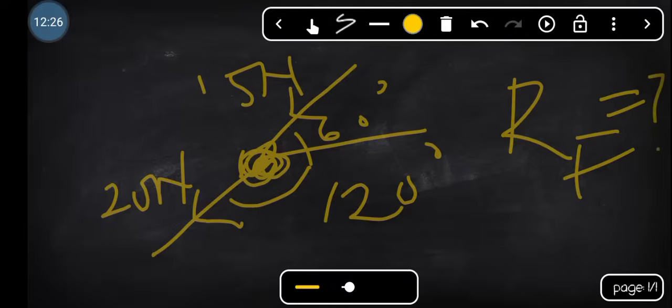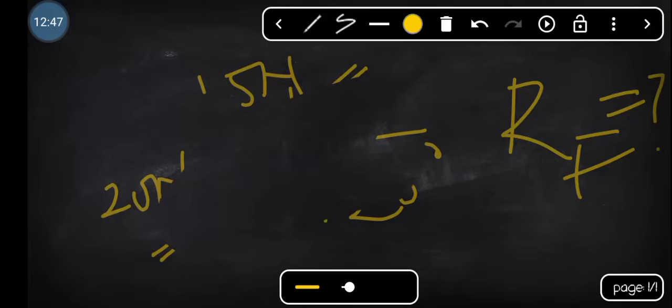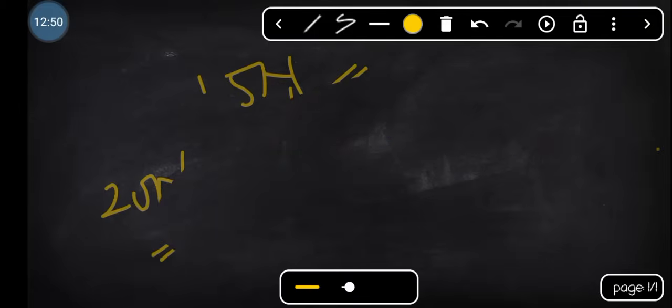Now along this side is 60 degrees, and along this side is 120 degrees. It's not difficult to find. Before I solve this problem, let me quickly explain what we call the resultant force.